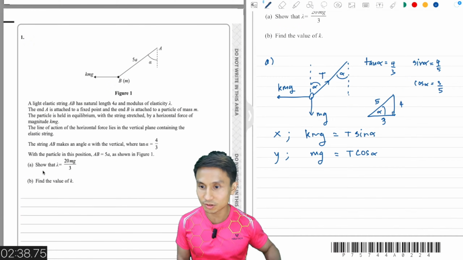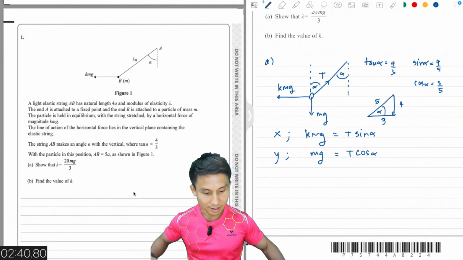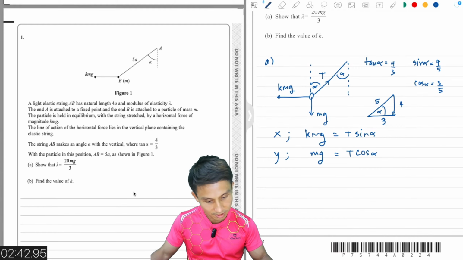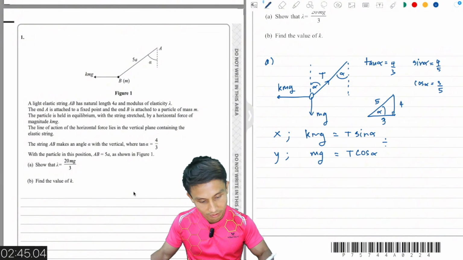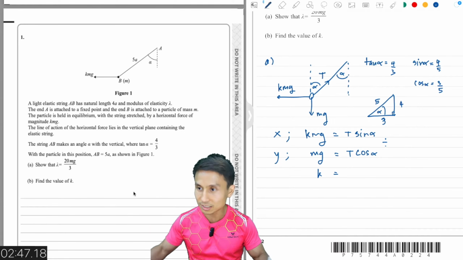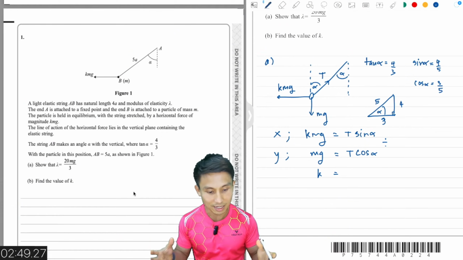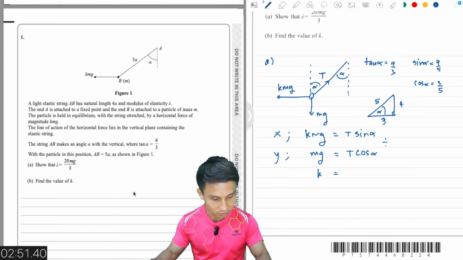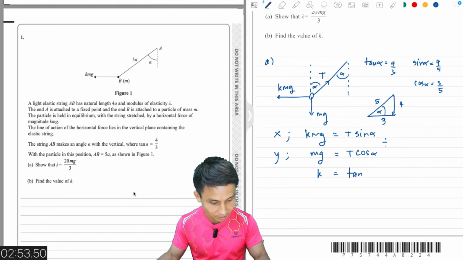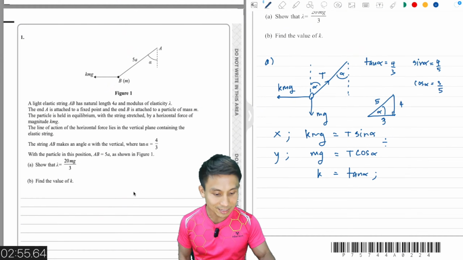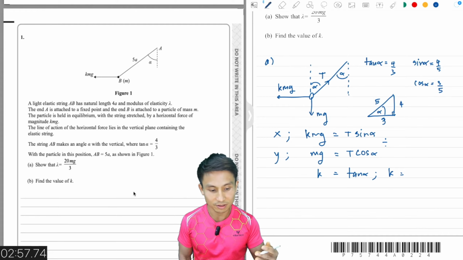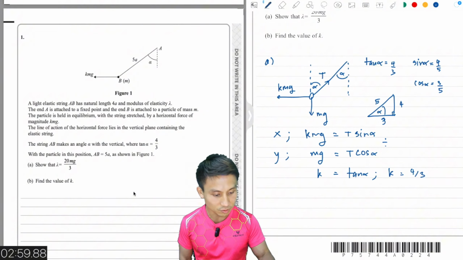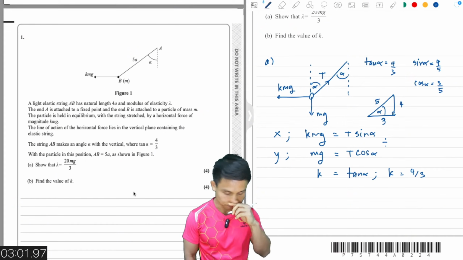But now we want to solve for lambda. So we can divide both equations first to get k. If I divide kmg by mg, I get k, and T cancels as well. On the right hand side, you get tan alpha. So that is basically saying that k is tan alpha, which is just 4/3 as well, right?